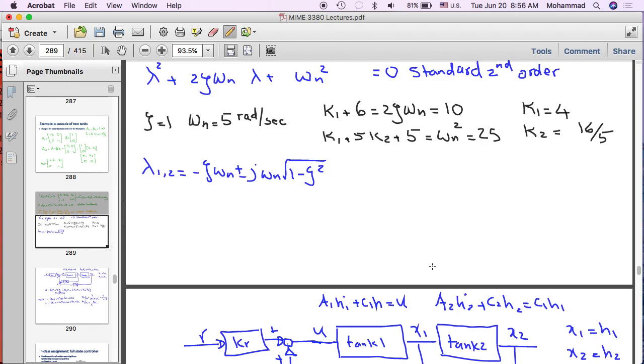So I'm going to replace K1 with 4 and K2 with 16/5, and then we are going to simulate and look at the scope. Did we get any errors?